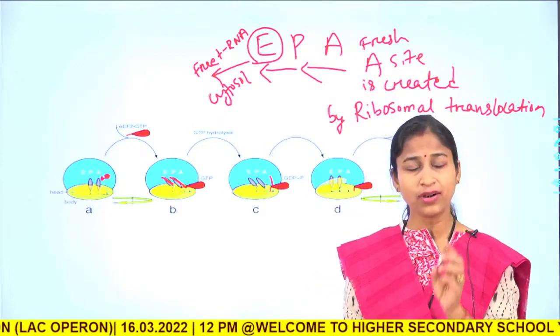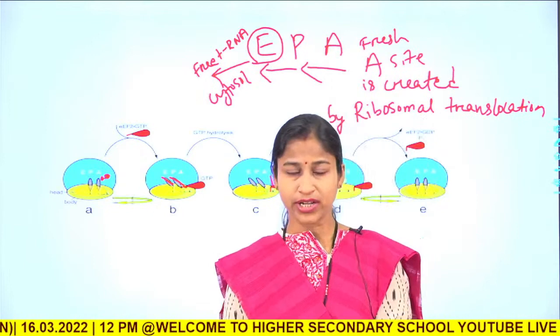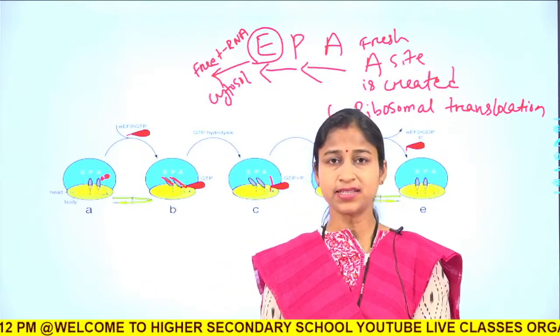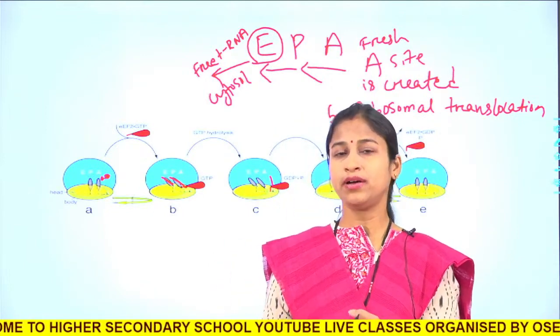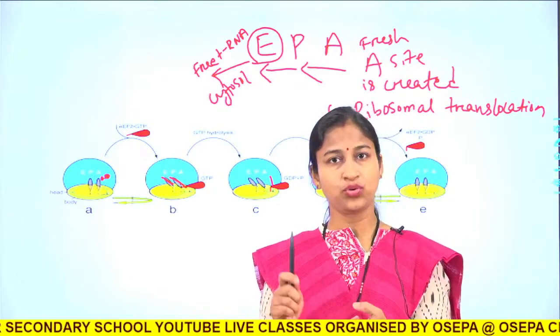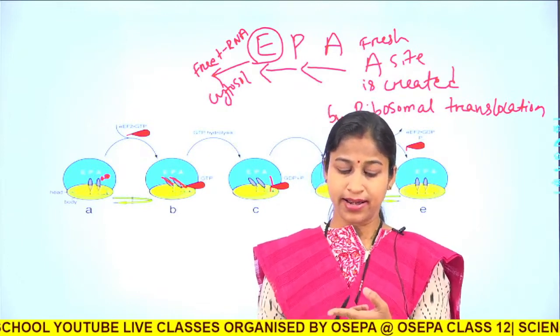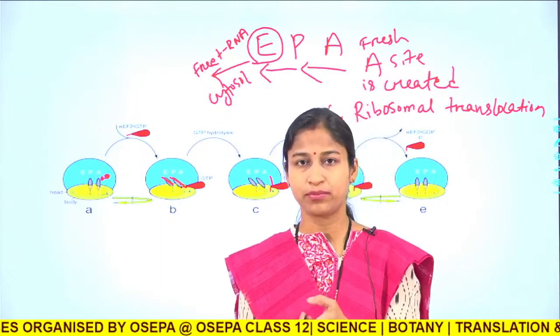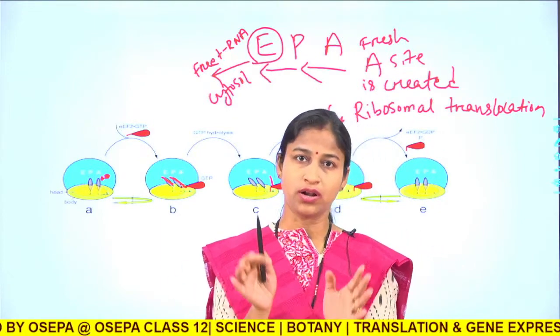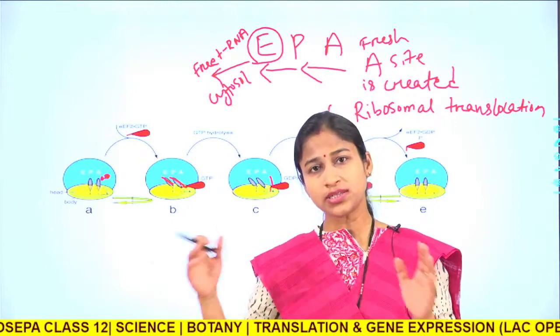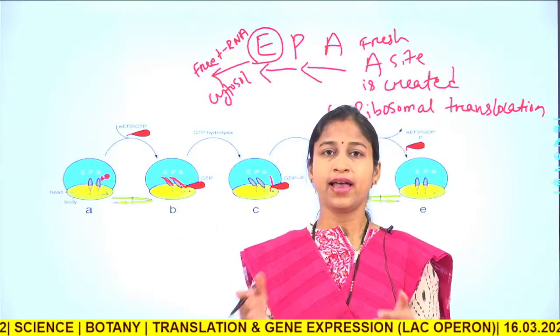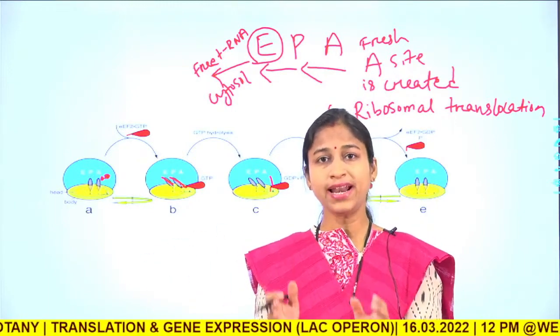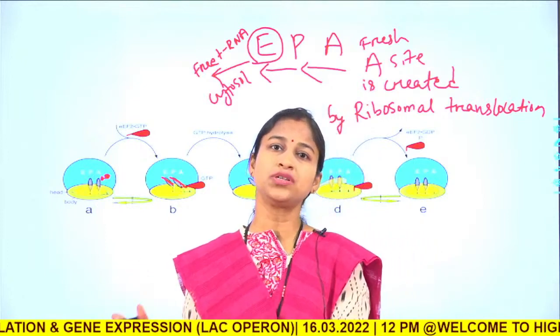What are the 3 sub-steps of elongation, which happen in cycles? First is the binding of the amino acid tRNA to the fresh A site. Next is the peptide bond formation. Next is the translocation of the ribosome by a single codon. How long does this continue? Until it reaches the stop codon.